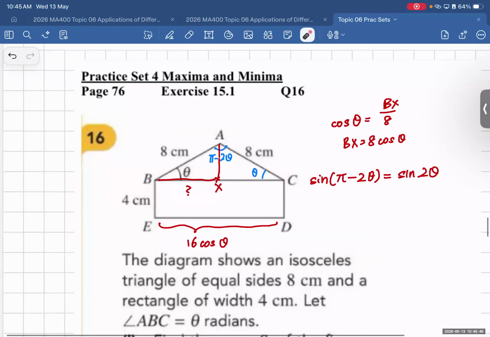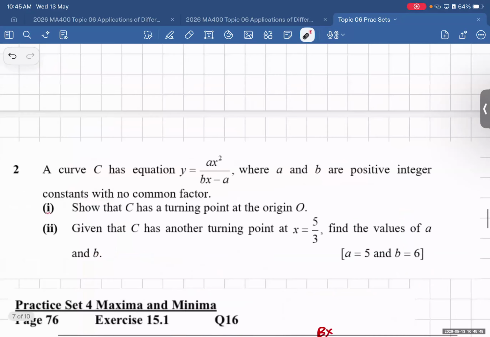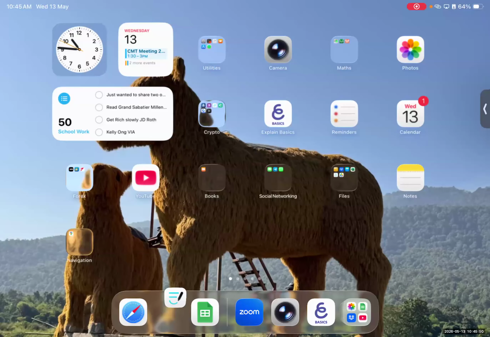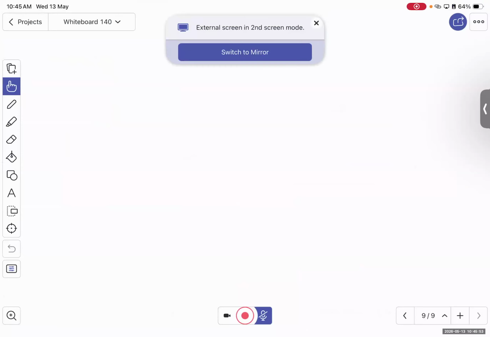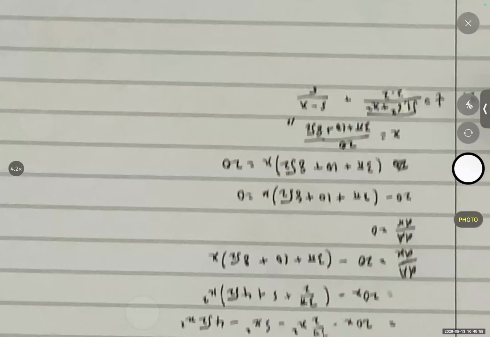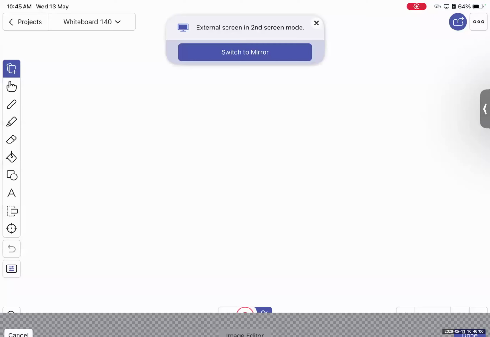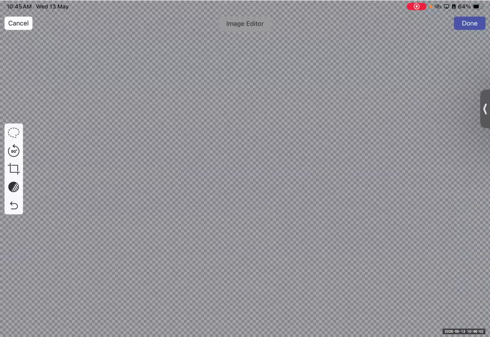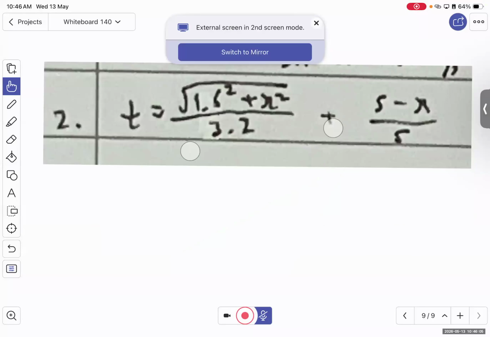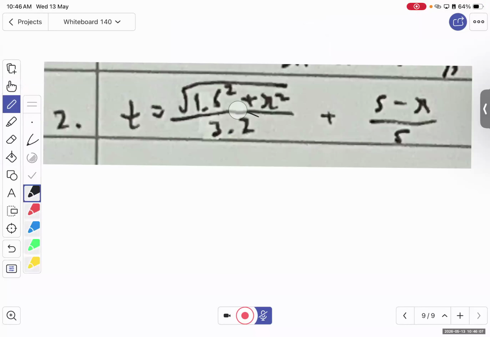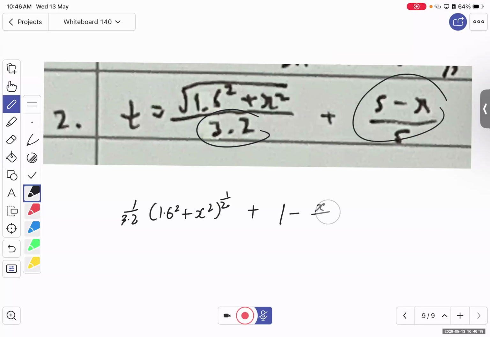Question 2. Okay, so now that you are here, you just differentiate. When differentiating, if you see a root form, you put it in index form. So here it's quite easy. You see a square root, put the square root in index form. So I can say this is 1 over 3.2, I put it outside, times 1.6 squared plus x squared to the power of a half. Now, can I say it's 1 minus x over 5?